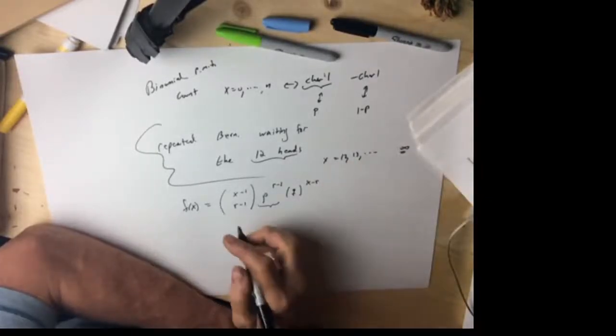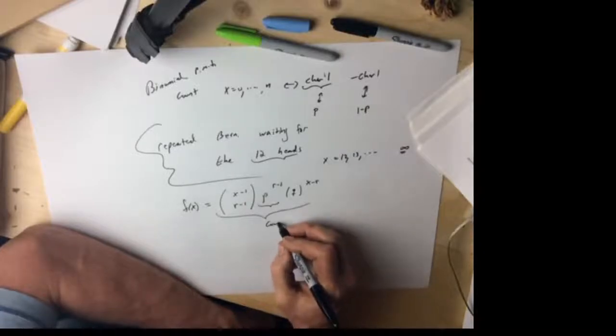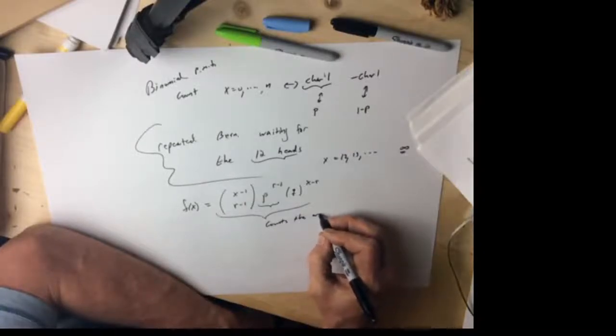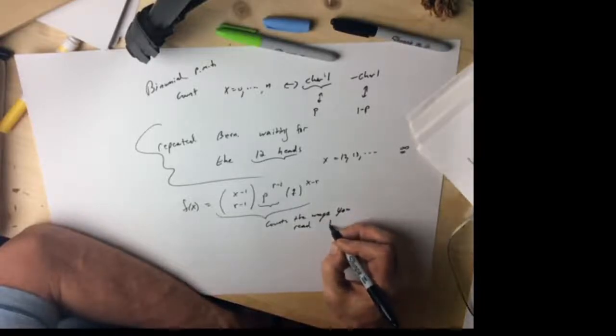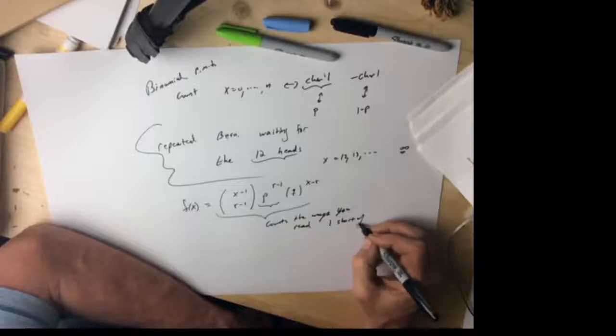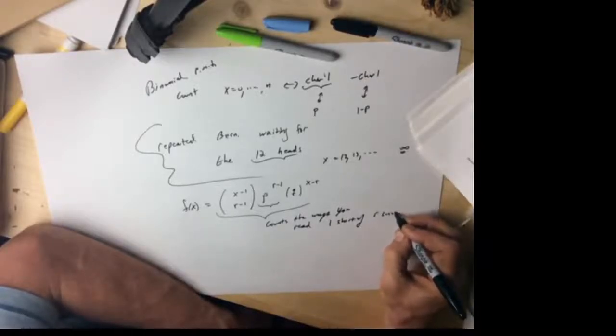So this counts the ways you reach one short of r successes.